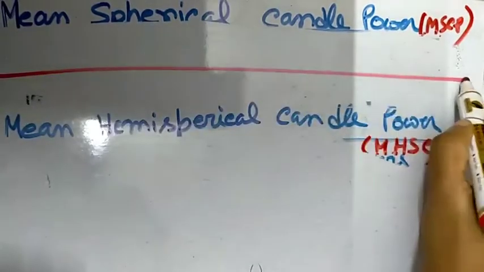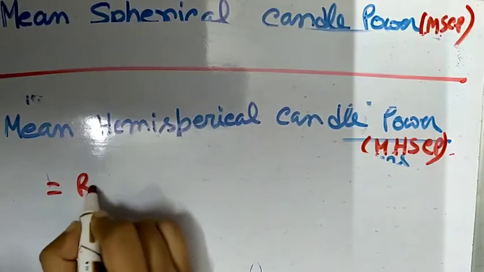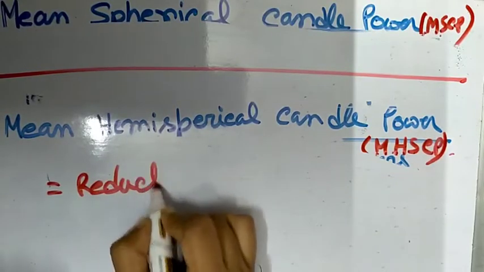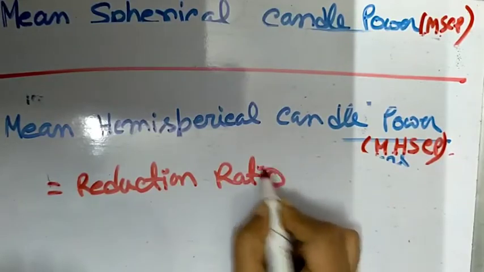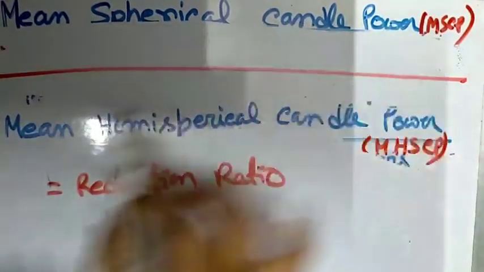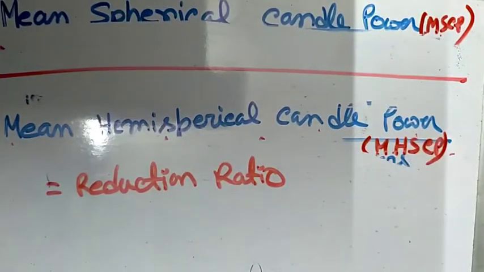This is known as reduction ratio: mean spherical candle power by mean hemispherical candle power. Okay, this is the reduction ratio.